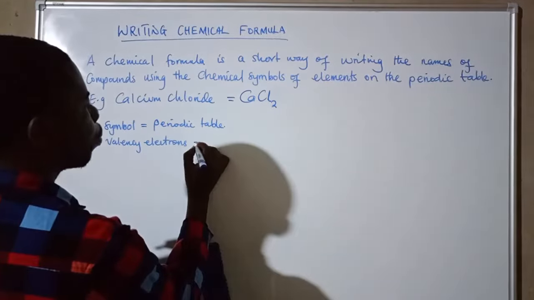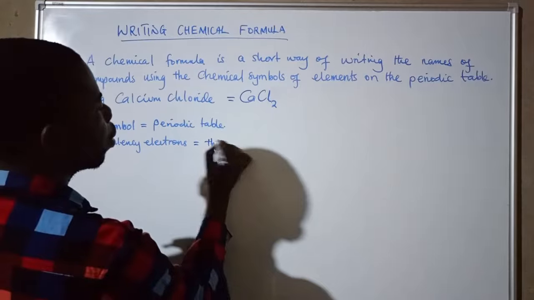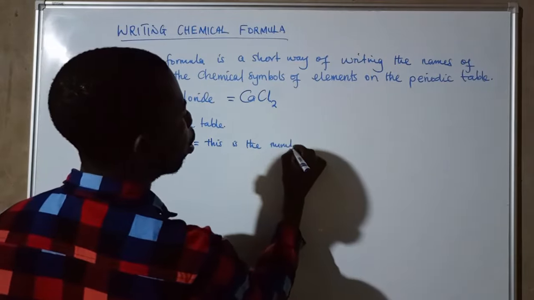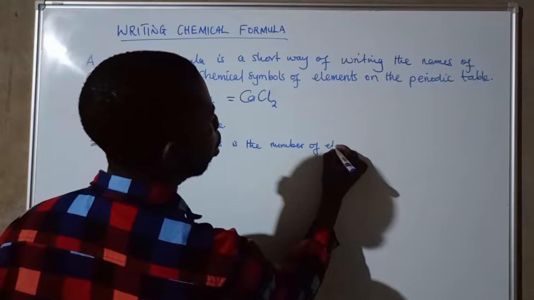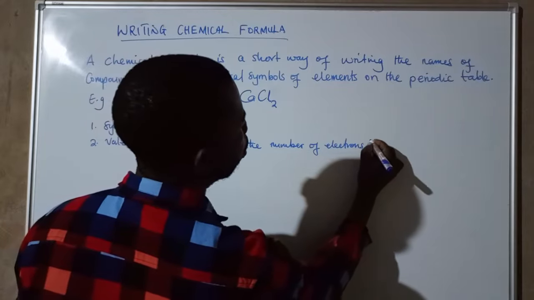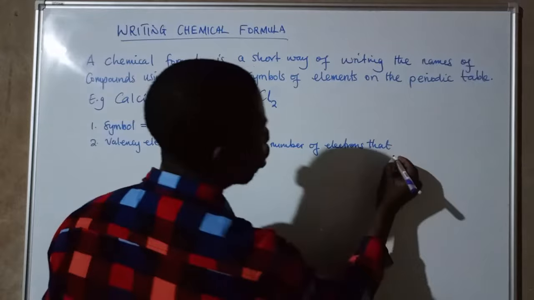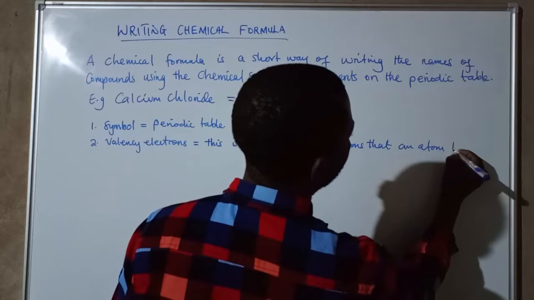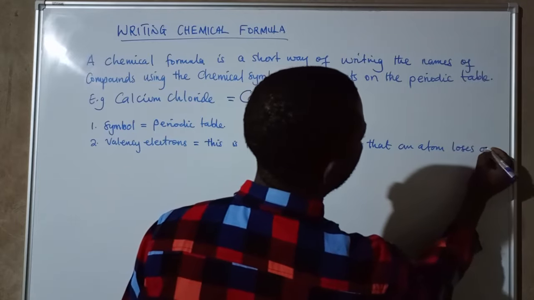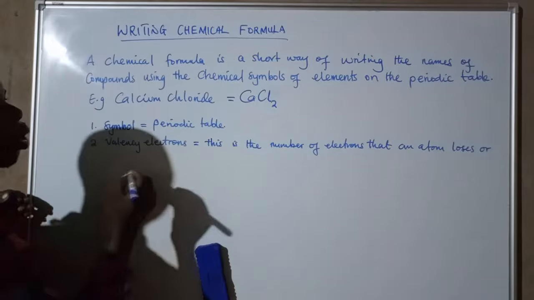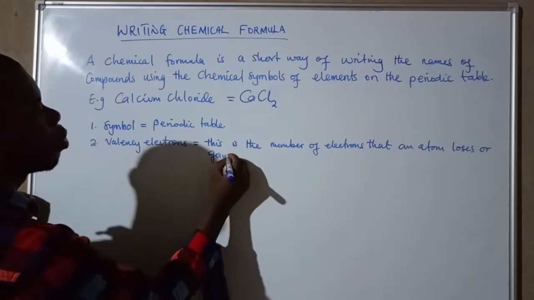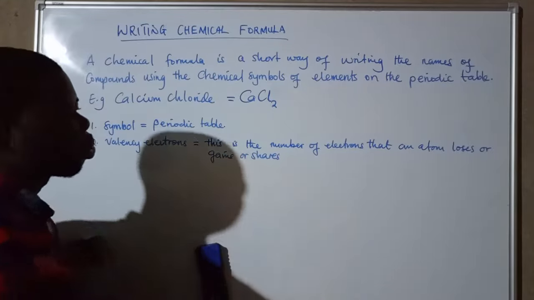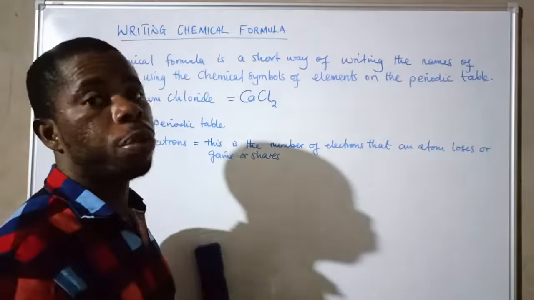This is the number of electrons that an atom loses or gains or shares for it to become stable.